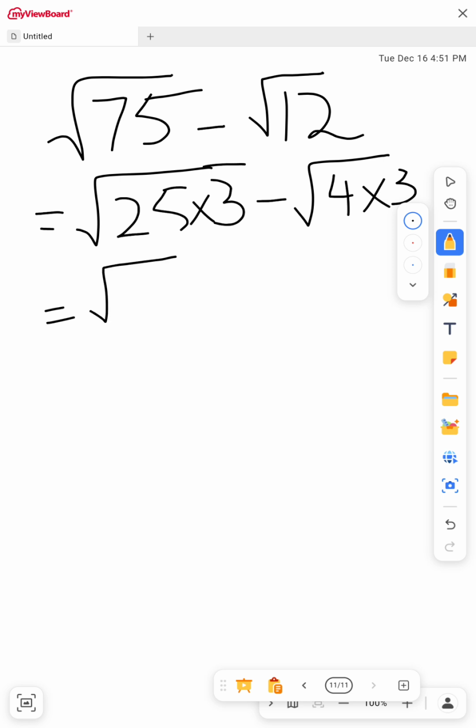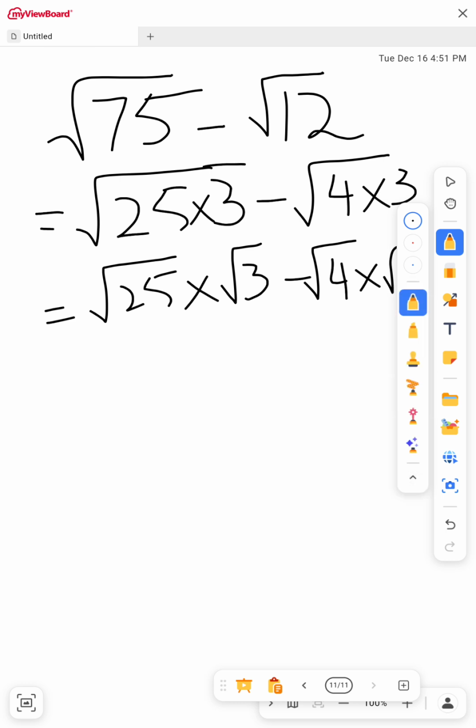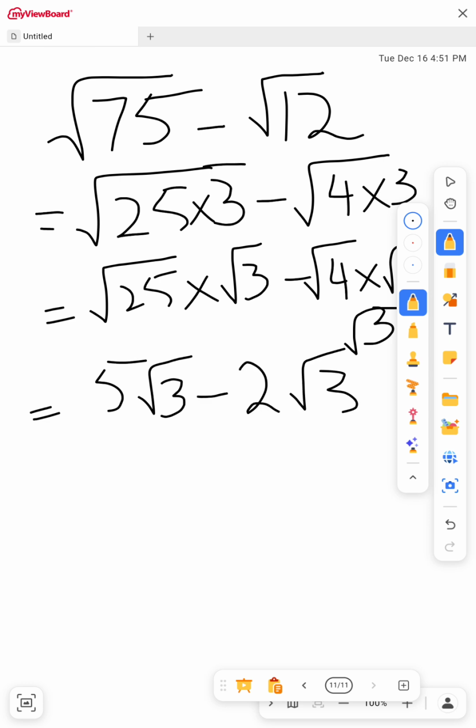So that is square root 25 into square root 3 minus square root 4 into square root 3. Square root 25 will be written as 5 square root 3, and square root 4 will be written as 2 square root 3.